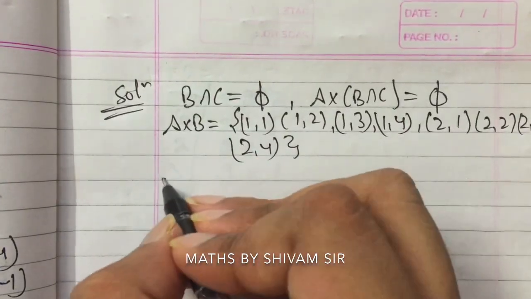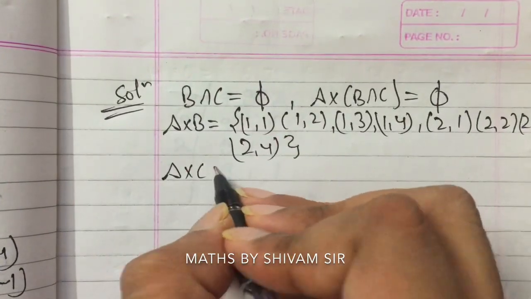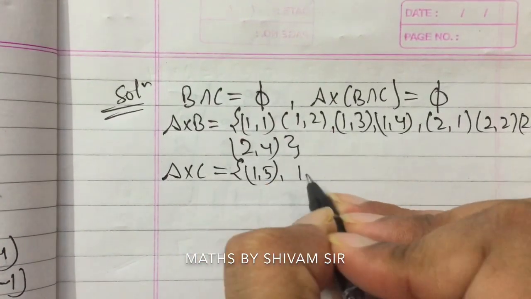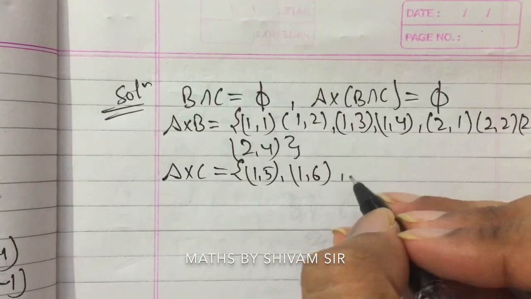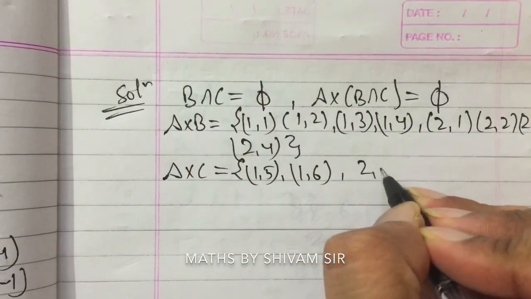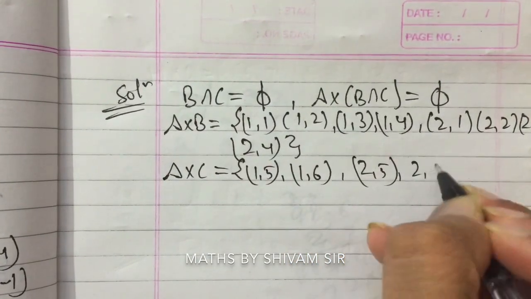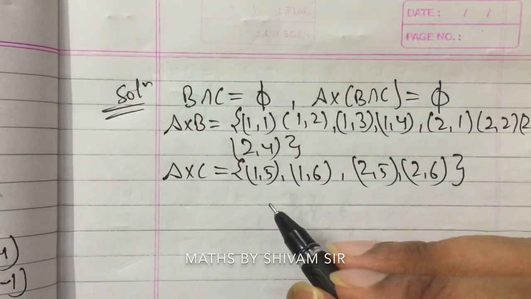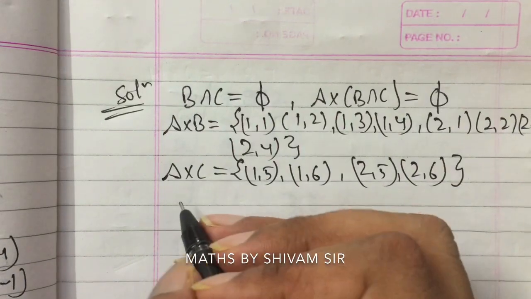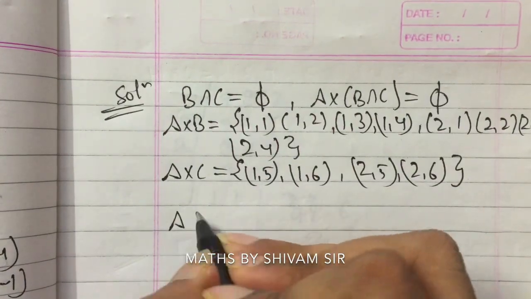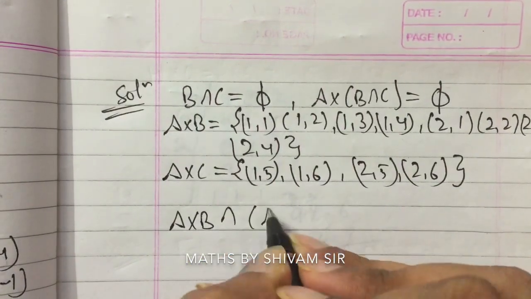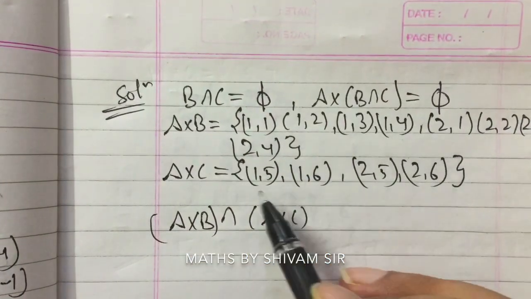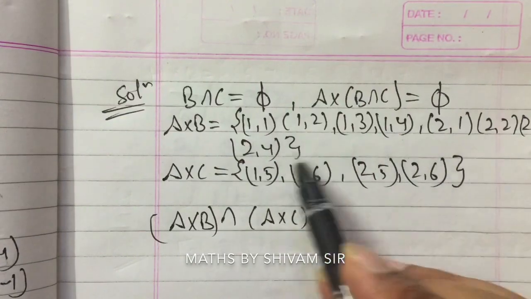And A cross C will have 1, 5, 1, 6, 2, 5, 2, 6, right? This will be A cross C. Now what is the intersection of A cross B and A cross C? So let's see, is there anything common? Here we have 5 and 6. Here we do not have any 5 and 6.